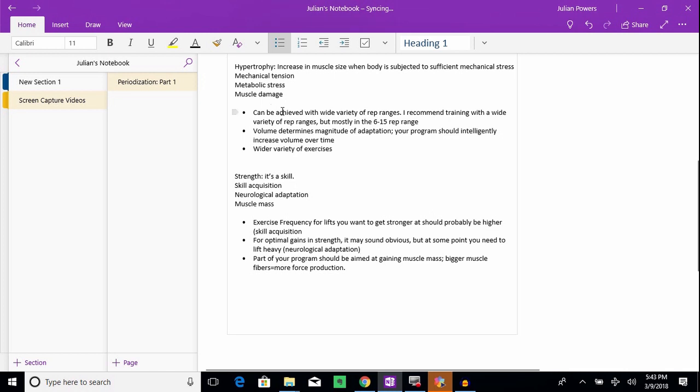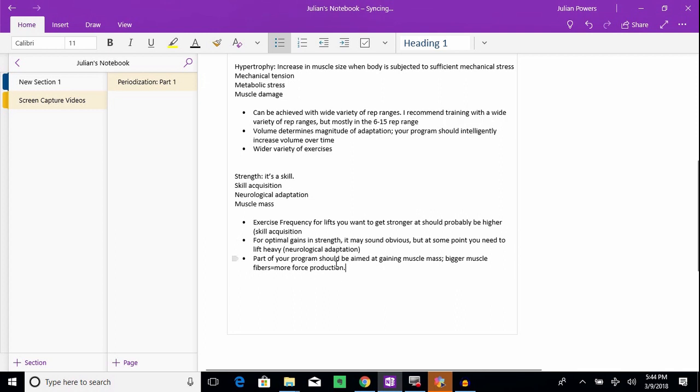It is wise to lift heavy, because the stronger you are, the more load you can lift, the greater loads you can lift submaximally. But you don't need to lift heavy to gain muscle; for optimal strength gains, I would say you need to focus on gaining muscle at some part of your program.